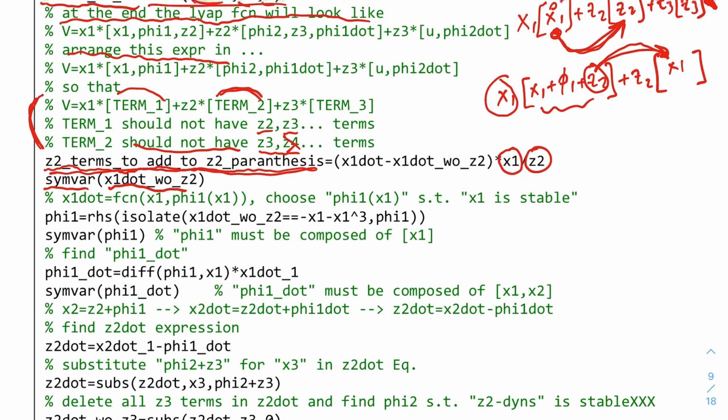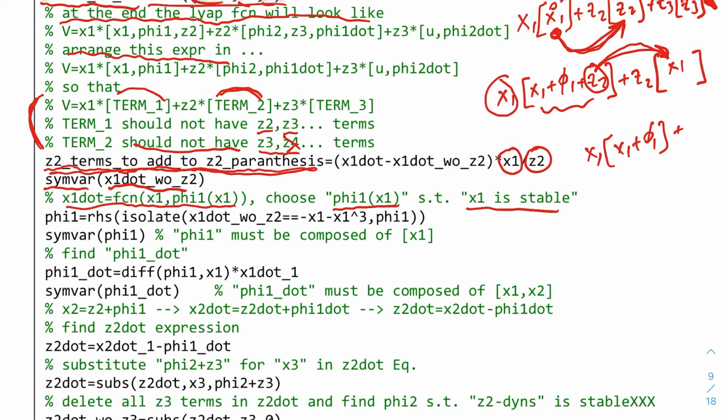x1 dot equals this. Choose phi1 such that x1 is stable.